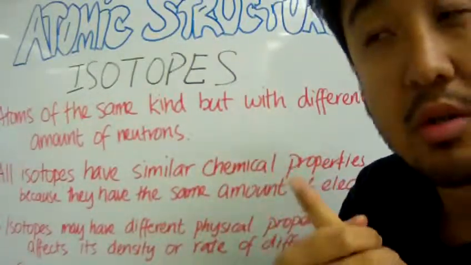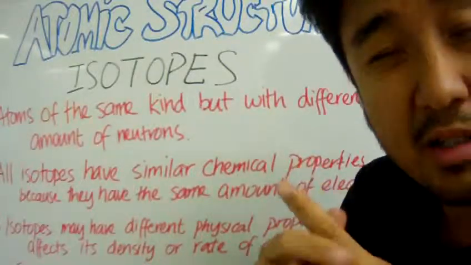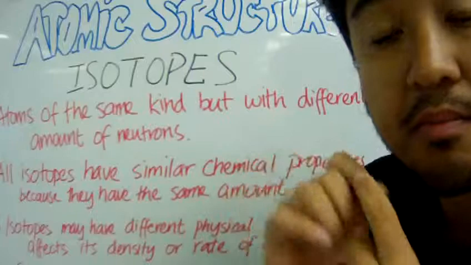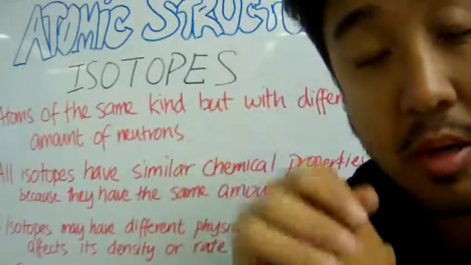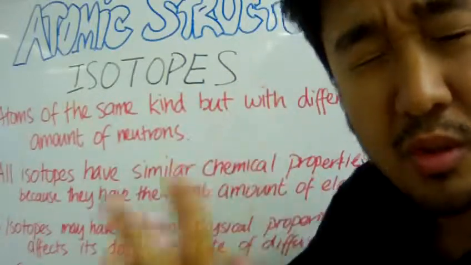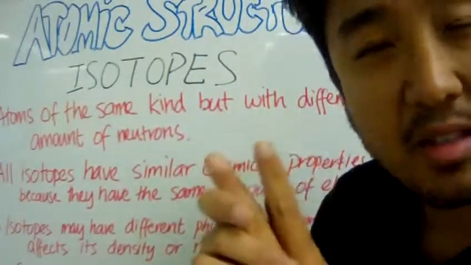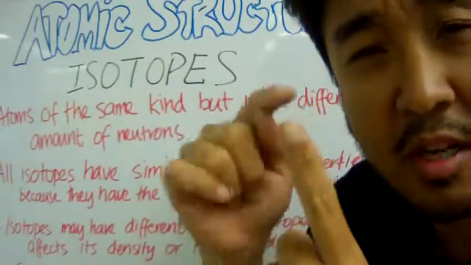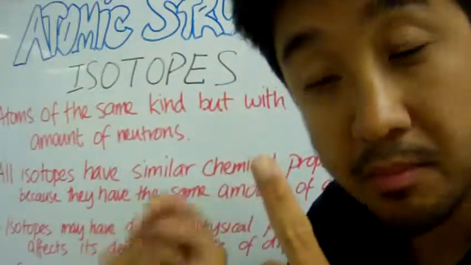Hydrogen 1 has the mass of 1, that's why it's called hydrogen 1, and its mass comes from that single proton. Hydrogen 2 has a mass of 2, and its mass comes from one proton, because proton number is what determines the atom.